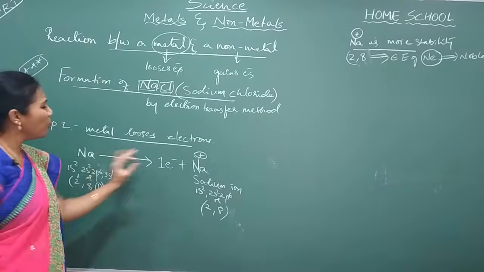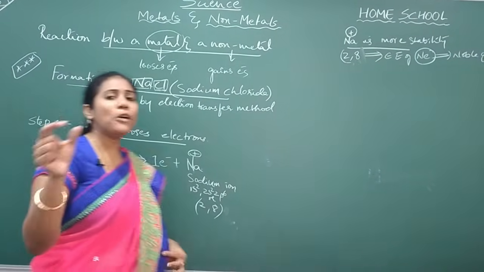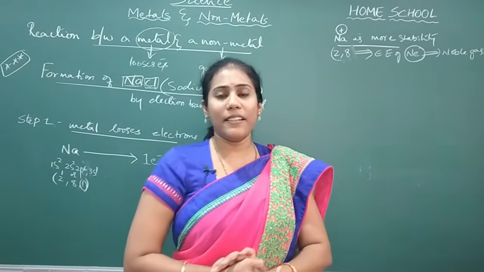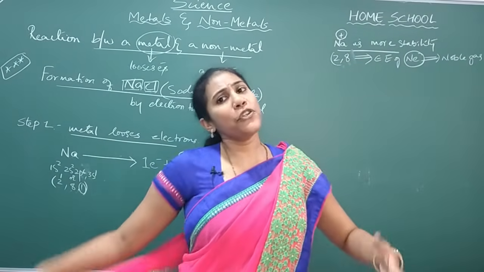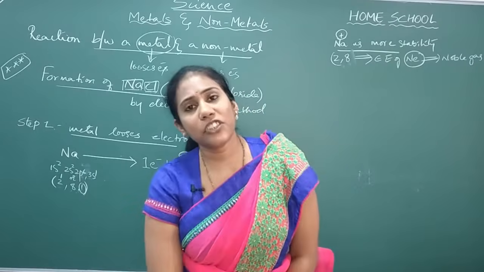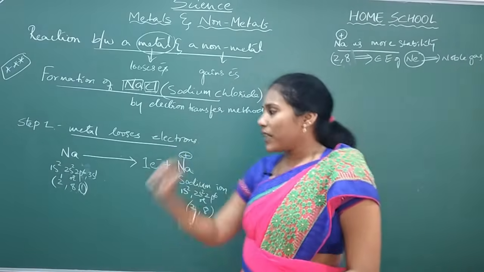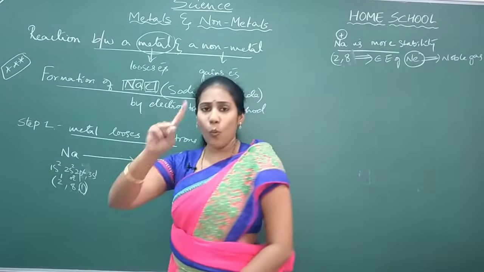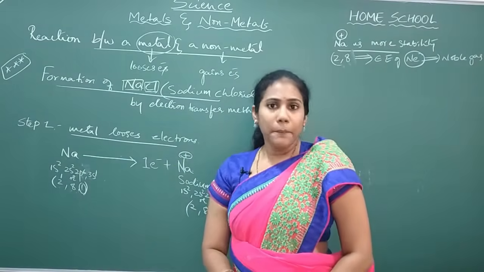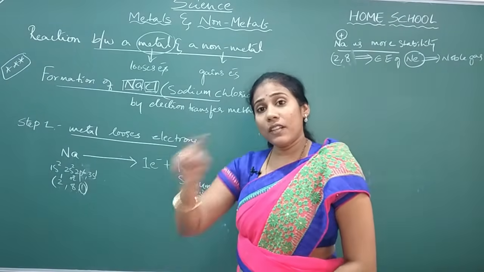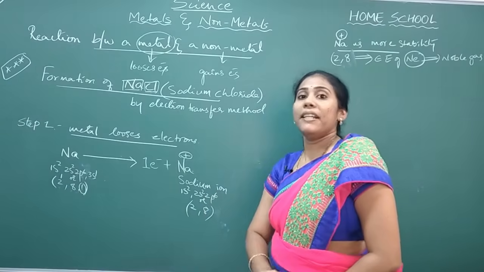So just to lose the electron, sodium always participates in a chemical reaction. Wherever sodium is involved in a chemical reaction, it always loses one electron, because by losing one electron it is gaining stability.